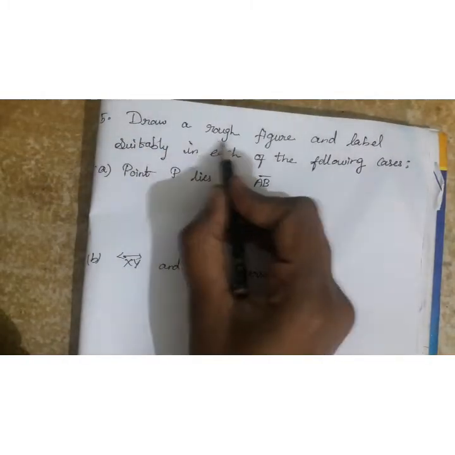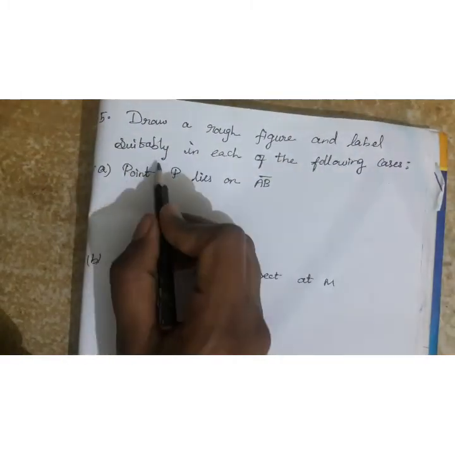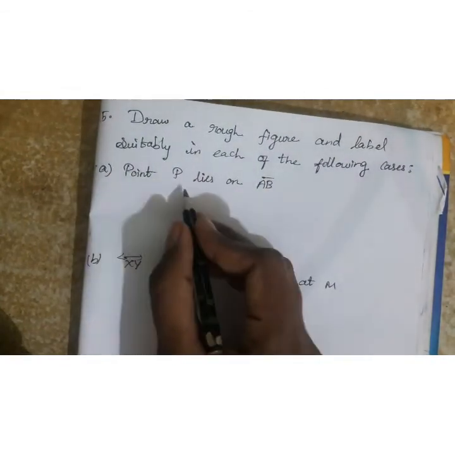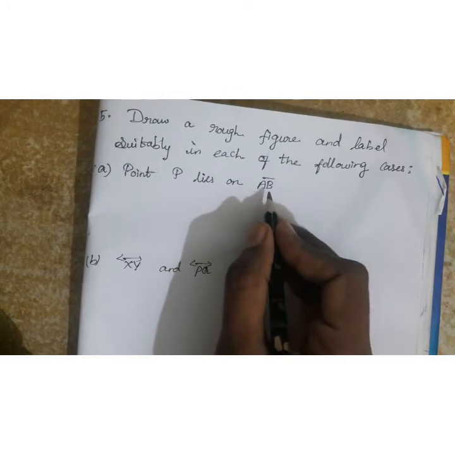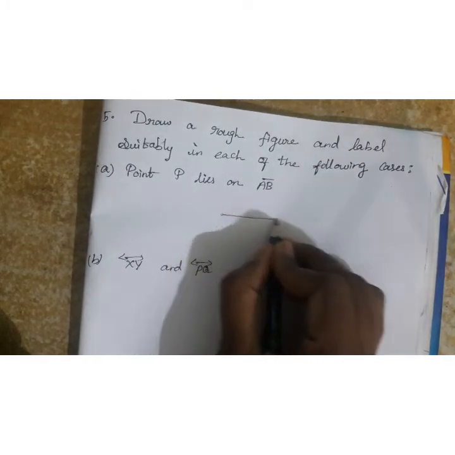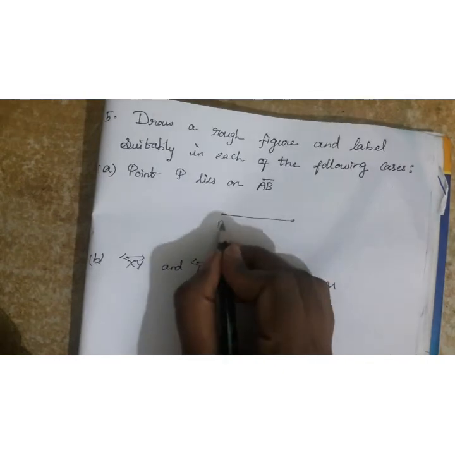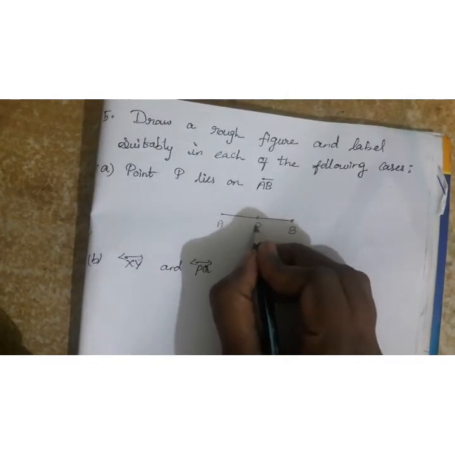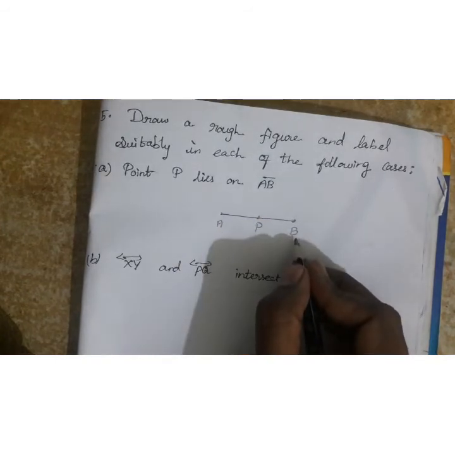Question number 5. Draw a rough figure and label suitably in each of the following cases. A part: point P lies on AB. Draw a line segment AB and mark the point P on it.